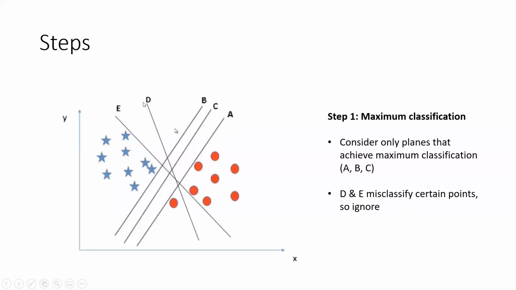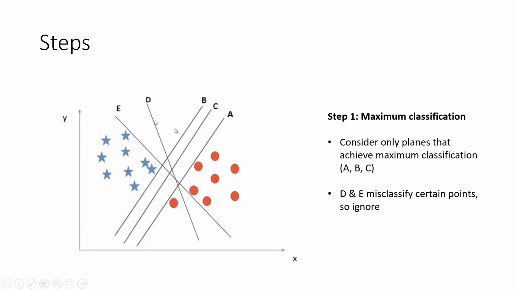So what do I mean by misclassification? Consider this plane D for a moment. Okay. Whatever data point lies to the left of this plane D is considered to be one class. So here this would include all of these star data points and this one circle data point. So basically, if you consider plane D as the optimal hyperplane, what you're saying is all of these stars plus this one circle, you're classifying as one group of data points, which is not right, because the star is a different group and the circle belongs to a different group.